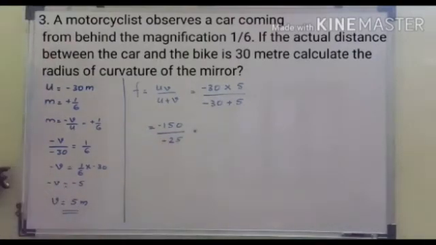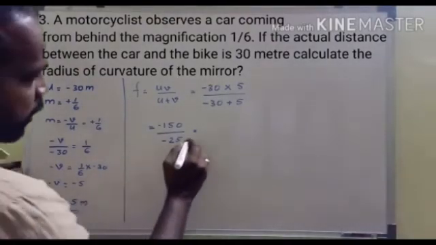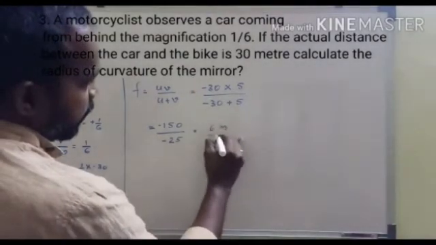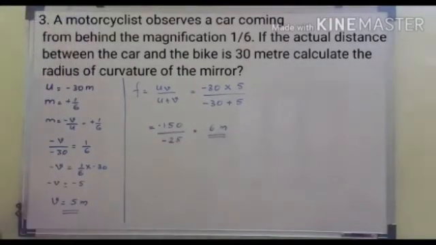So minus 150 by minus 25 is equal to 6 meter.